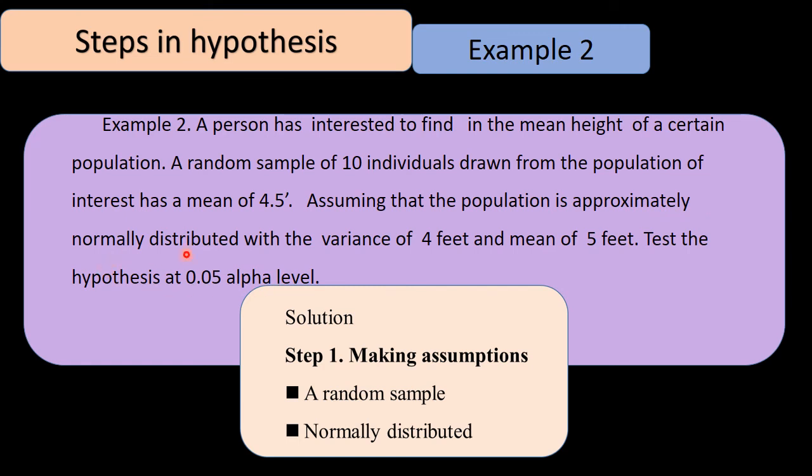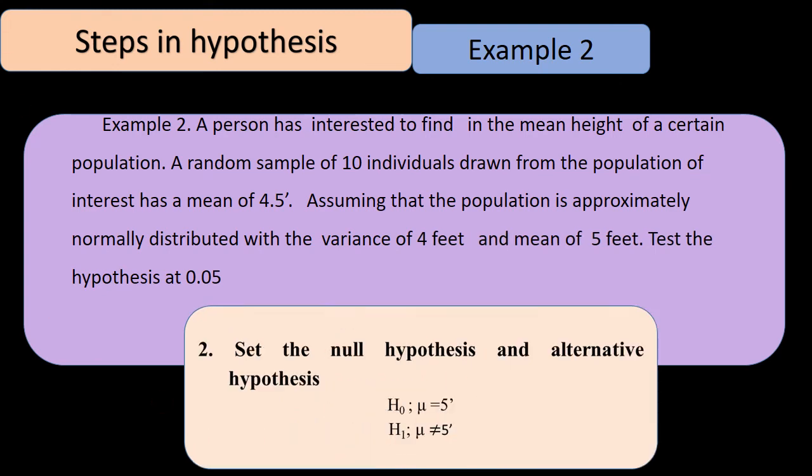Assuming that the population is approximately normally distributed with a variance of 4 feet and a mean of 5 feet, test the hypothesis at the 0.05 alpha level. What is the very first step? Making assumptions. We are using a random sample and a normally distributed population. That is step 1.